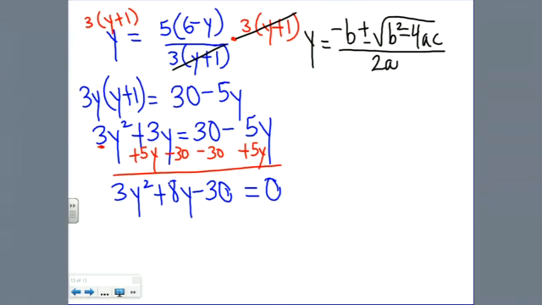And let's identify A, B, and C. Again, this is why it's important to get your quadratic equation in standard form so you have the right A, B, and C. A is 3, B is a positive 8, and C is negative 30.